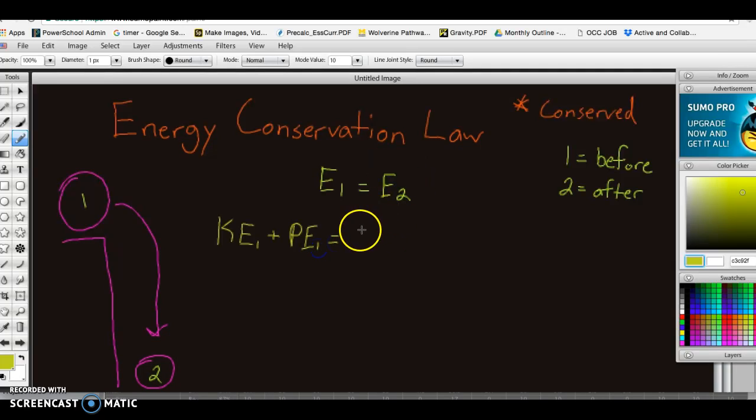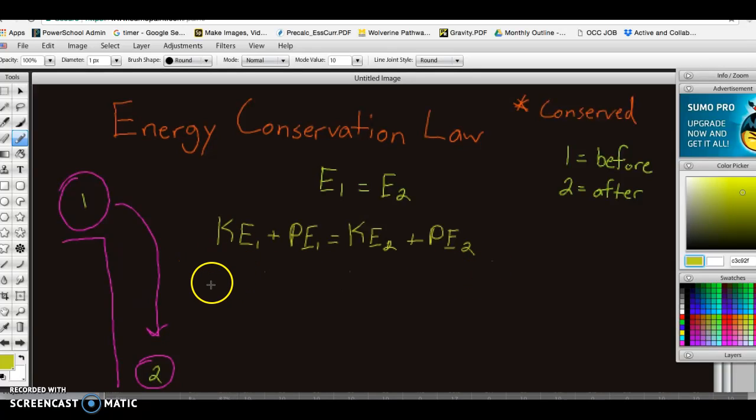And the same thing goes for E2: KE2 plus PE2. Okay? So this is my mechanical energy before, and this is my mechanical energy after, just a little bit more in detail. All right, let's get in more detail.